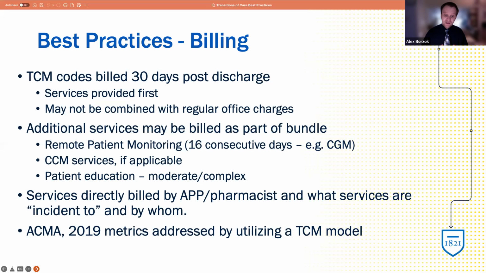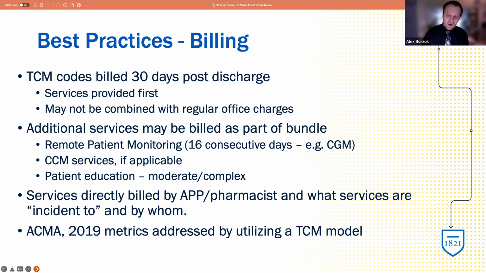So there is still some flexibility with billing that you can add on to get some reimbursement for these patients. However, again, none of this can be billed until after that 30 days, once you've been able to show that your patient hasn't had a readmission within that time period.